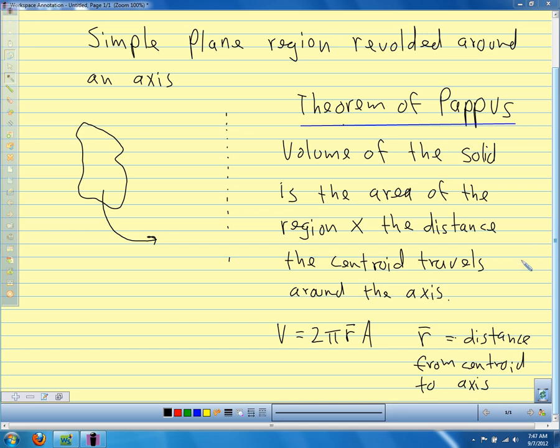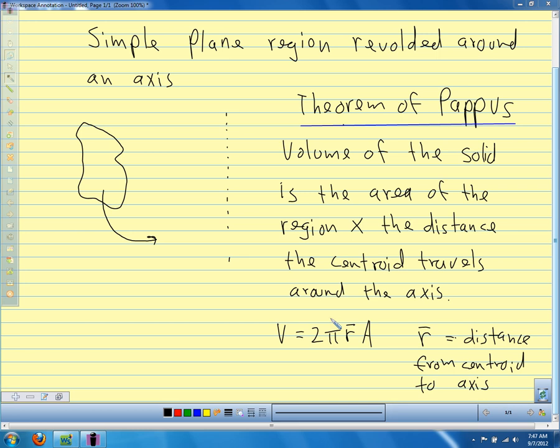So 2 pi r is just the circumference of the circle that the centroid travels, and we multiply that by the area of the region. So if we have a nice simple region like a circle or a square or a triangle where it's easy to locate the centroid, we can find the volume of revolution by multiplying the distance from the centroid to the axis by 2 pi, and then by the area of the region.